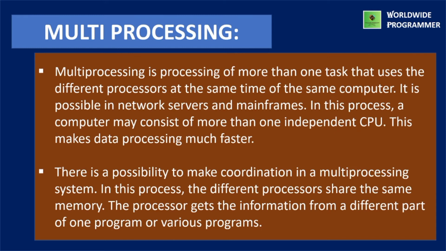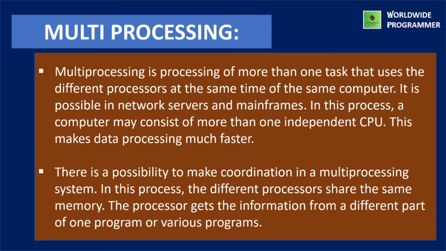Next method is multiprocessing. What is multiprocessing? Multiprocessing is processing of more than one task that uses different processors at the same time of the same computer. It is possible in network servers and mainframes.